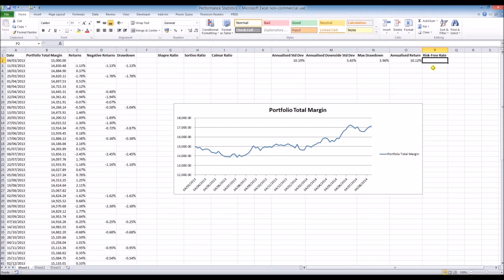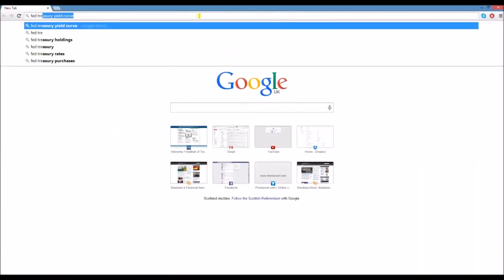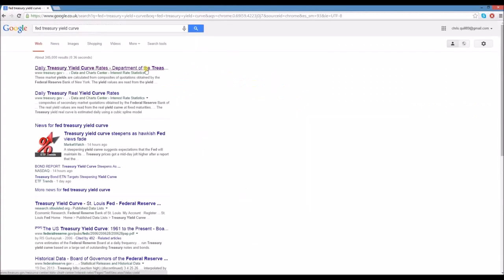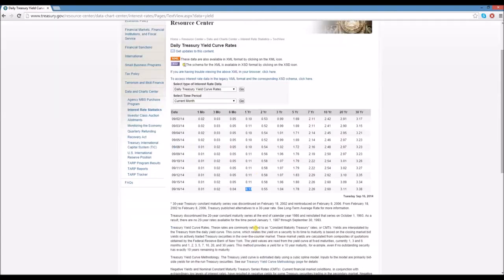But for our example, and it does work generally through finance, you can take a short-term treasury bond or bill. So we're going to use the Fed Treasury yield curve. So I'm just going to go to Google and Google Fed Treasury yield curve and just extract the latest 1 year Treasury yield.